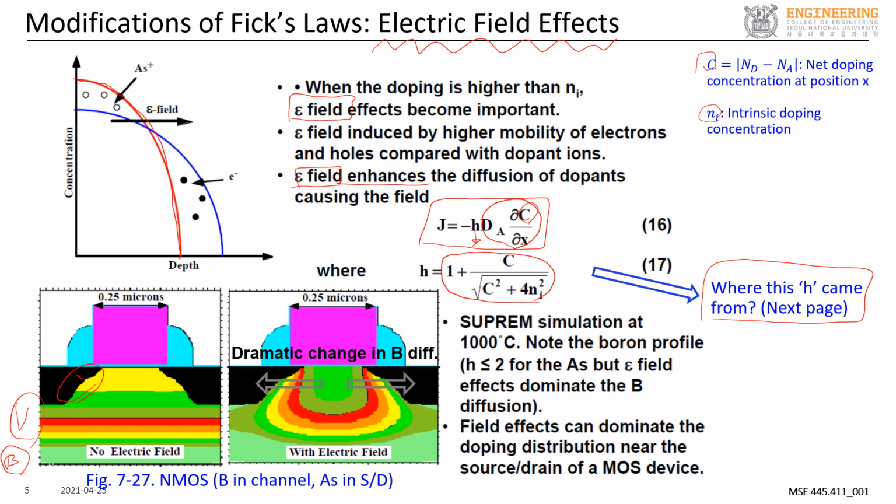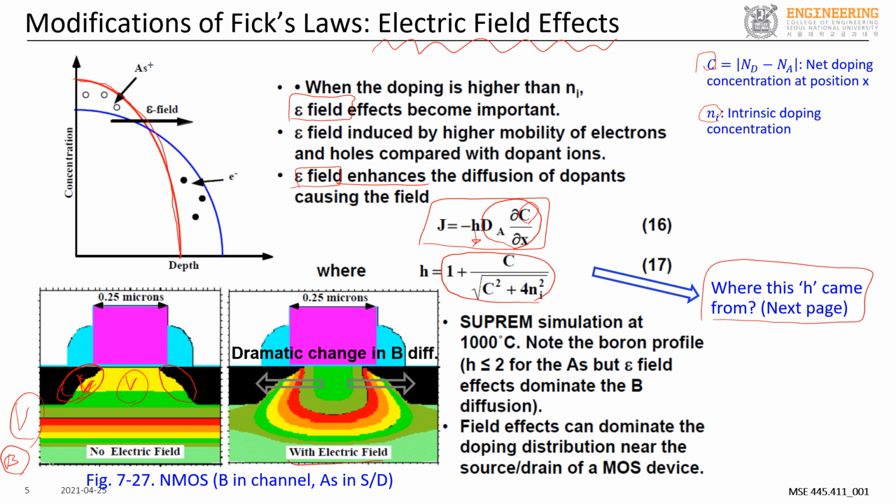You have some electric fields in here because it has a junction in here. But if you account for this electric field dependence of diffusivity in your simulation, you don't see a difference between here and here. So no electric field in here and a large electric field in here, and you don't see any difference in the boron concentration.